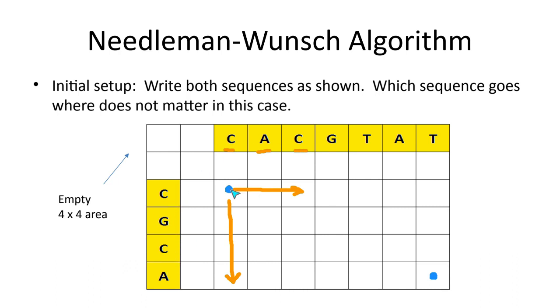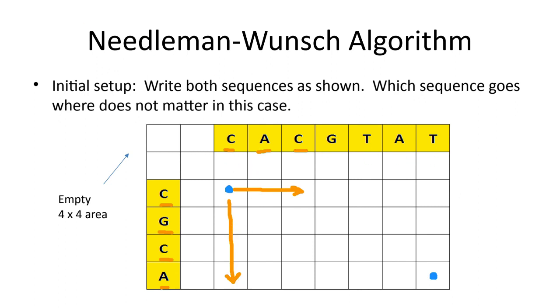So if we were to start at the starting position and just go straight down, it would be like aligning the letters in the sequence on the side with gaps. Okay, that's kind of the way to think about that if we're moving straight down. So to the right, we're moving through the top sequence, but not through the side sequence. Moving straight down, we're moving through the side sequence, but not through the sequence along the top.